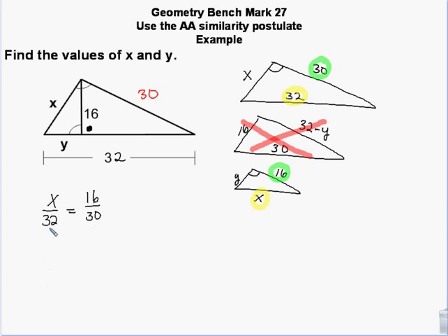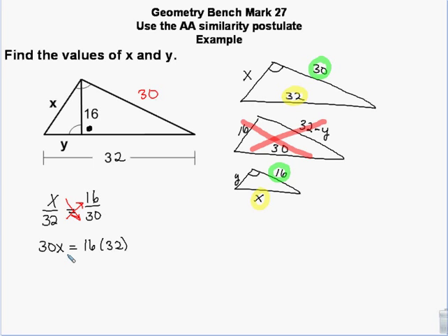And I see why they put the numbers the way they did, even though they made no sense. Okay. So 30x is equal to 16 times 32. We cross multiplied. And I have not actually memorized my 16s, believe it or not.